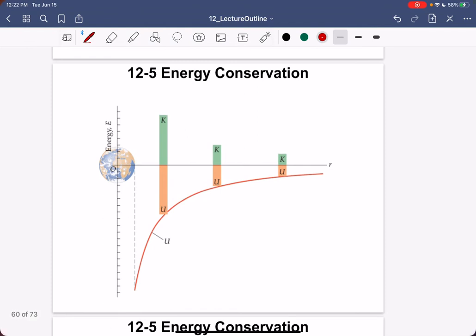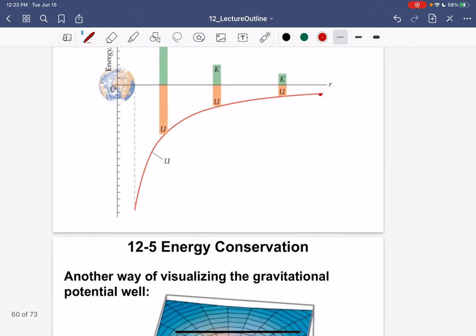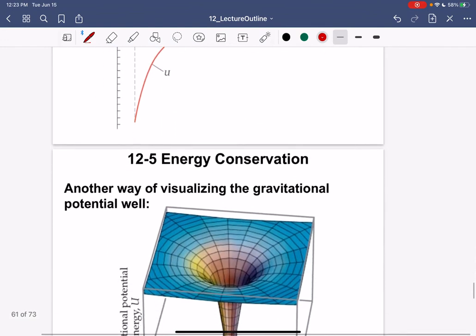Then here, this is the U. We have it like E versus r, and you can see that the U value is really increasing, and the K also is increasing.